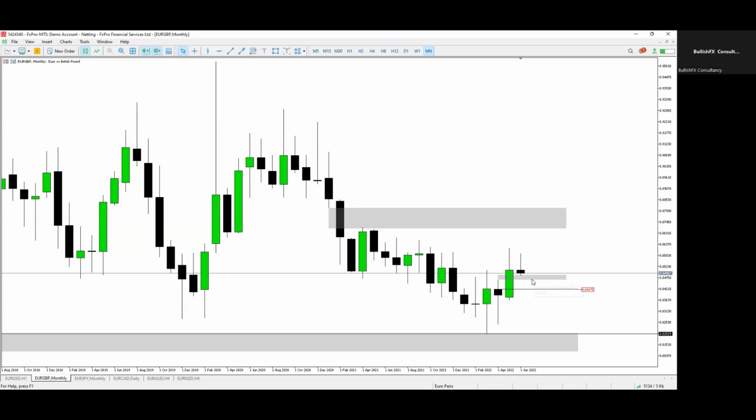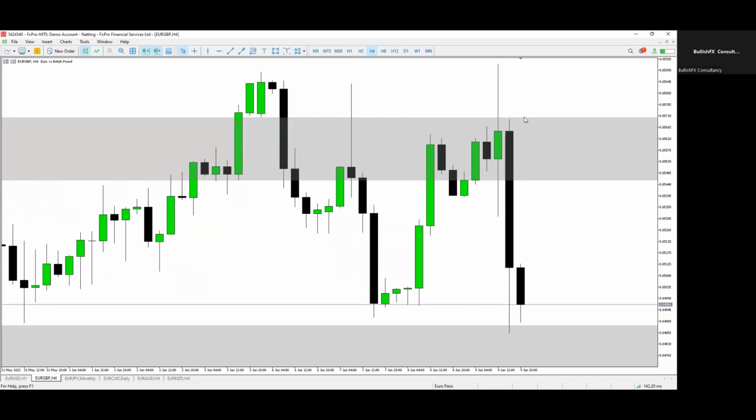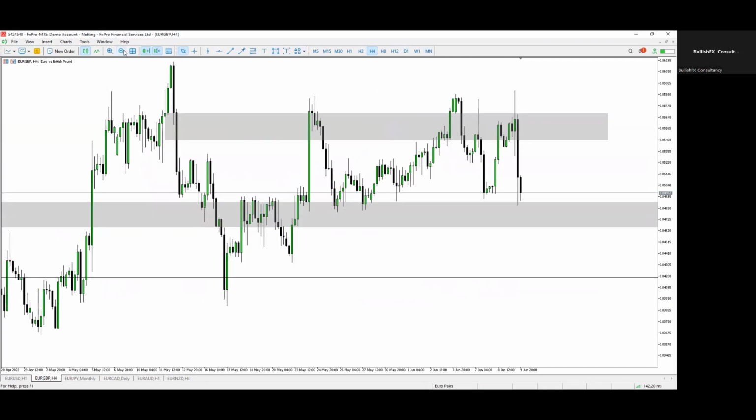So as of now, with Euro GBP, you should be looking for shorts, guys. There's no reason to be bullish on Euro GBP. Though there are instances where Euro GBP did move to the upside, you can see today how weak it has already turned out to be after the ECB, and huge moves are happening to the downside.